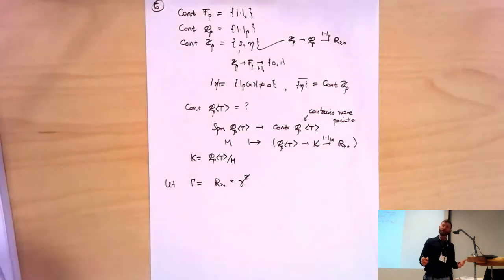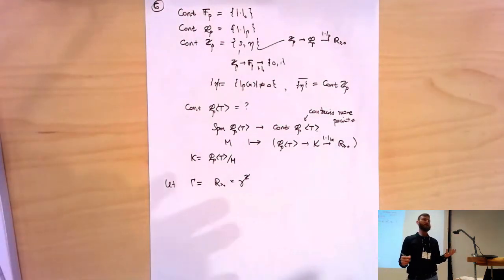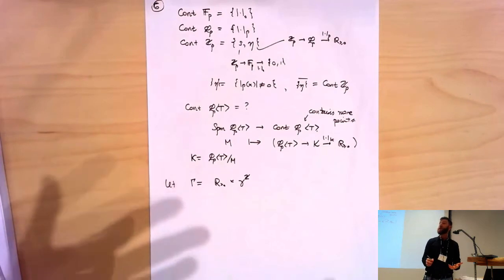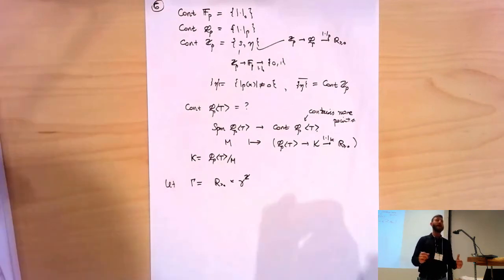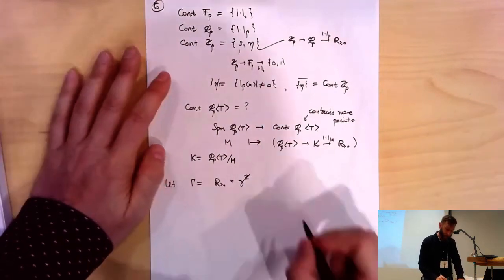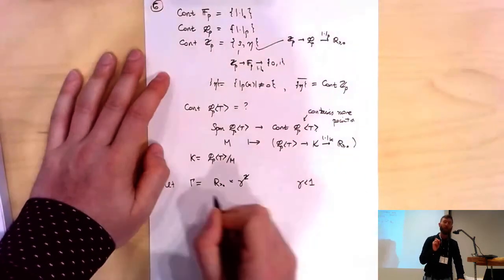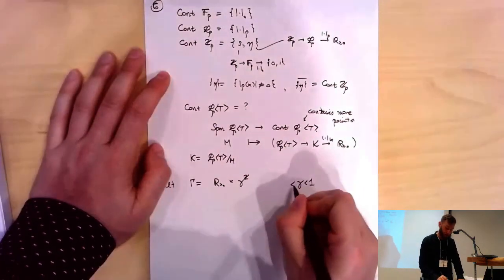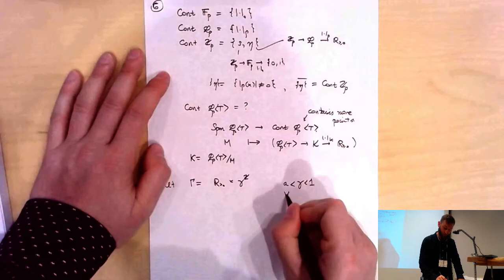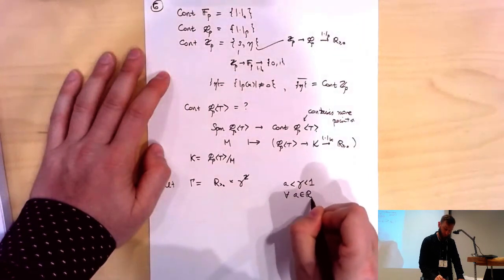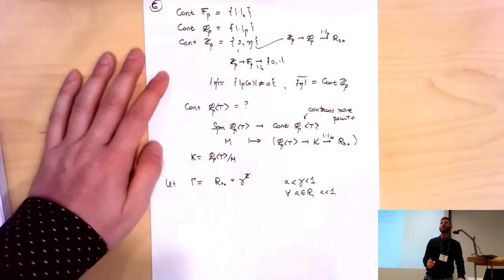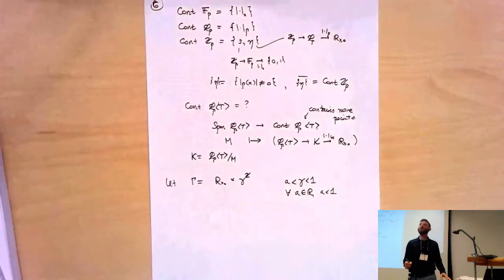It'll be the positive reals cross some cyclic abelian group. And what's the order on this? I have to tell you where gamma lies in all of this. Gamma is going to be less than the real number 1, but it's going to be greater than every real number less than 1. And that determines what the order type of this thing is.